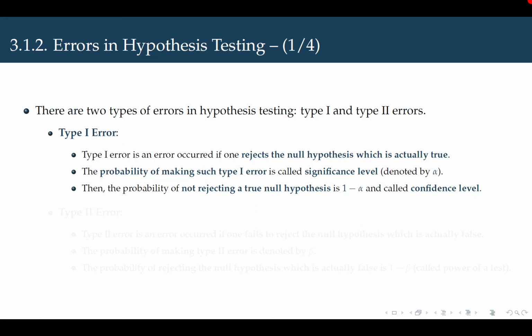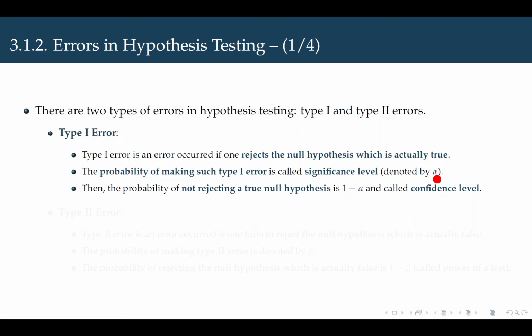The null hypothesis could be true, but if it is rejected, that means we are committing type 1 error. And the probability of making such type of error is said to be significance level. And it is usually denoted by the Greek letter alpha. This is the probability of rejecting a true null hypothesis or the probability of committing type 1 error.